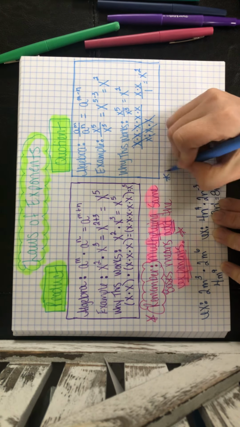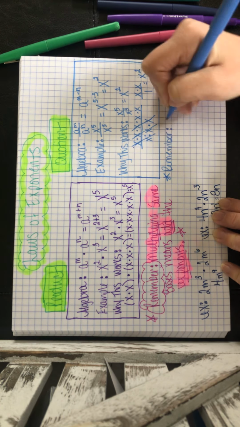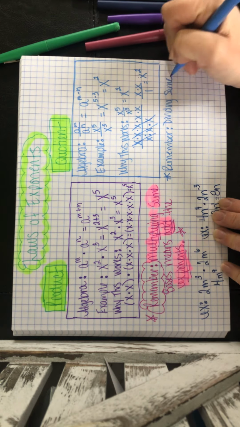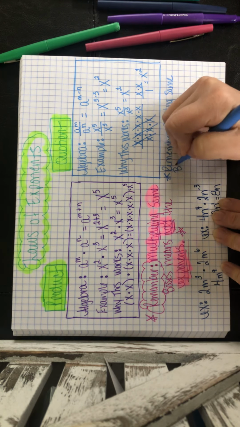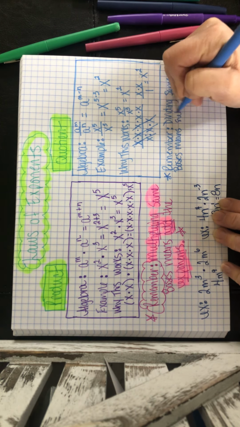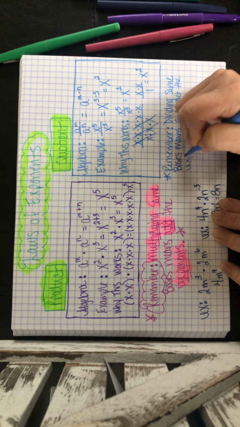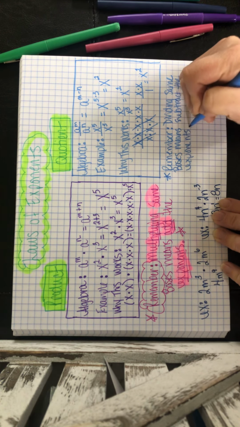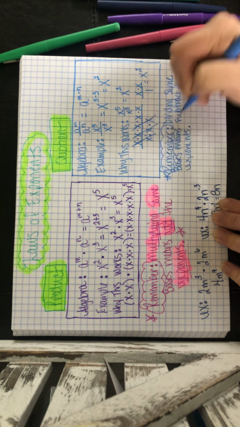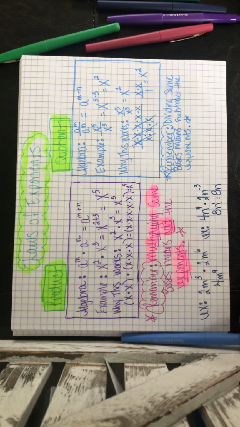So for this one, remember, dividing same bases means subtract the exponents. All right, I'll give you a minute. I'll highlight some stuff and I'll give you a minute to catch up with all of that.